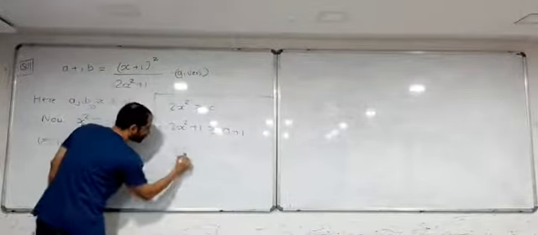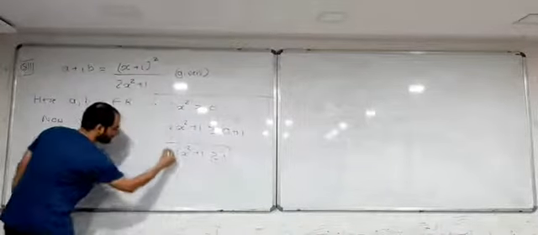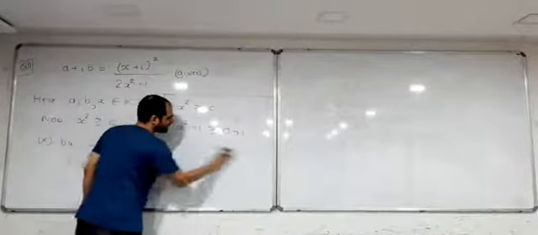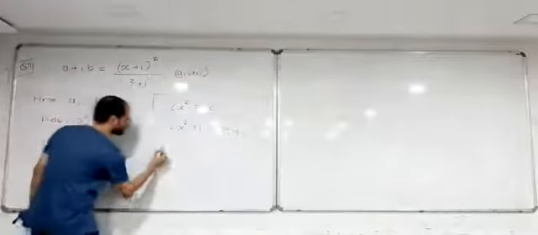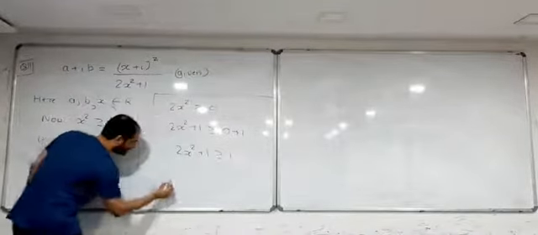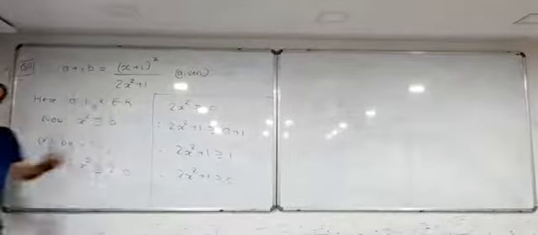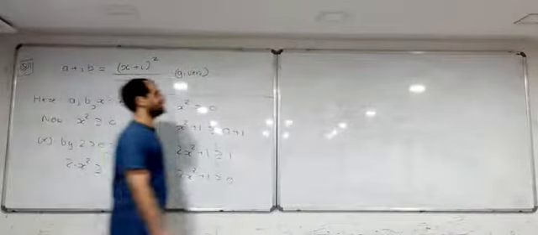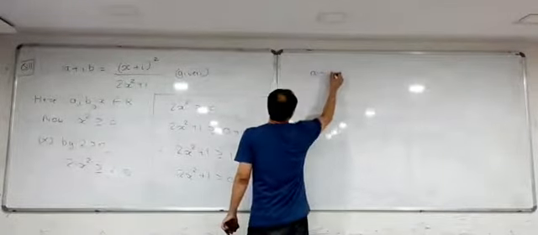So 2x square plus 1 is greater than or equal to 1. And this is very obvious, because what is the minimum value of x square? 0. If you substitute it, you will directly know it is greater than or equal to 1. So 2x square plus 1 is positive. Remember this.